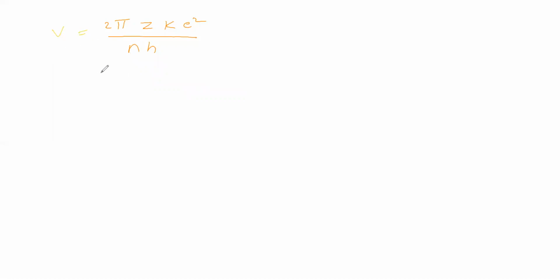We will substitute the known terms as per SI system. So 2, pi is equal to 22 by 7, Z, K is equal to 9 into 10 to the power of 9 Newton meter square per coulomb square. E is the charge of electron, 1.602 into 10 to the power of minus 19 coulomb.